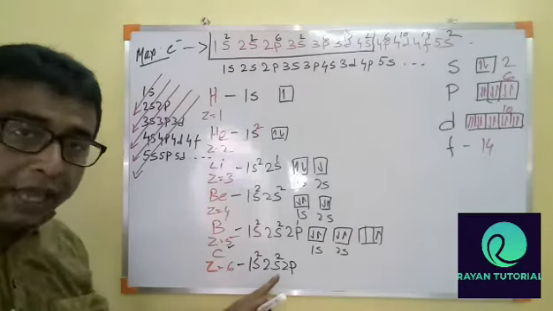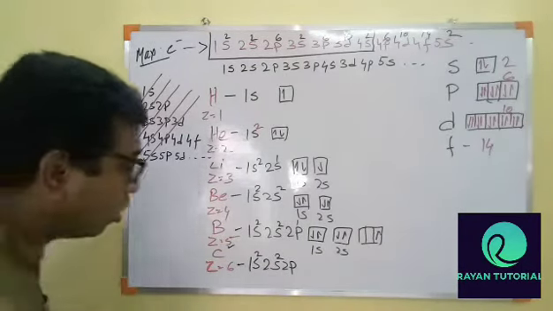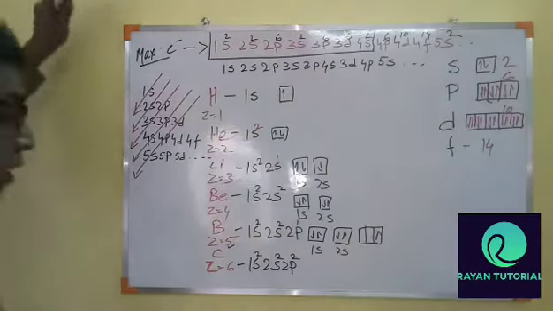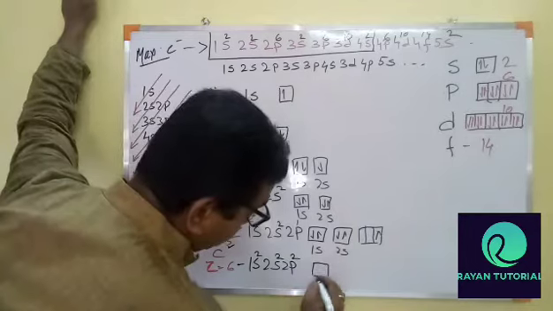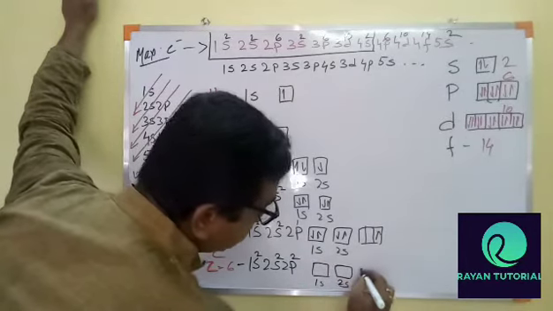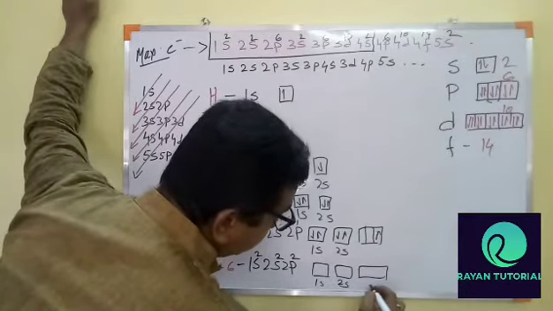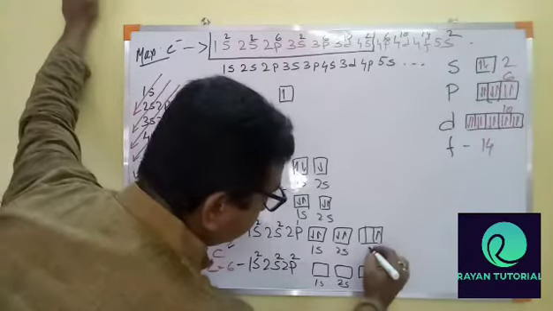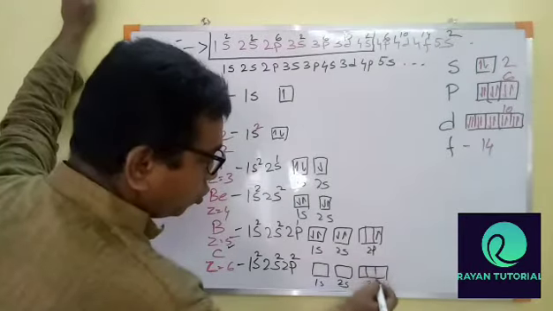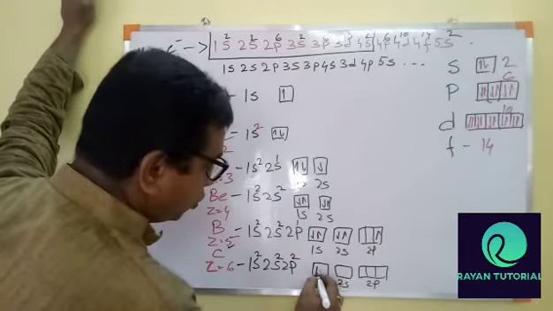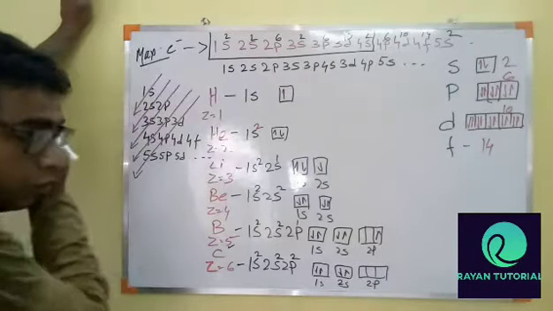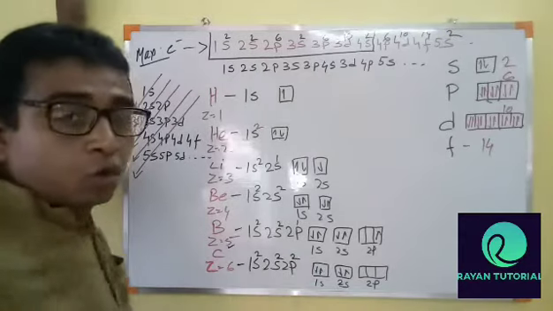Here I put 2, here I put 2, so 2 more are left. That means these 2 electrons will be in the P subshell. Now let's do the configuration. This is 1s, this is 2s, and this one is 2p. This one already done. 2 and 2, 4. Now 2.